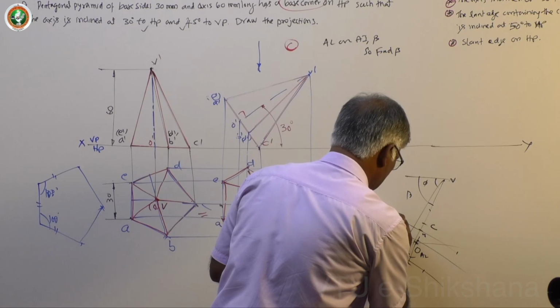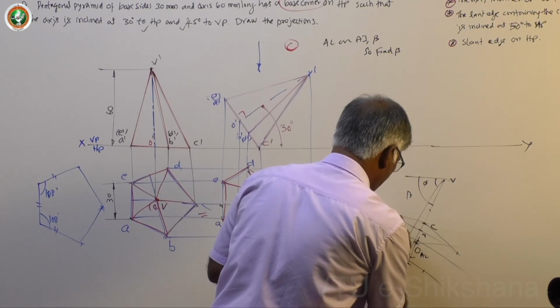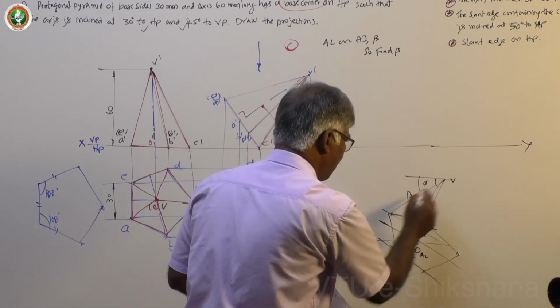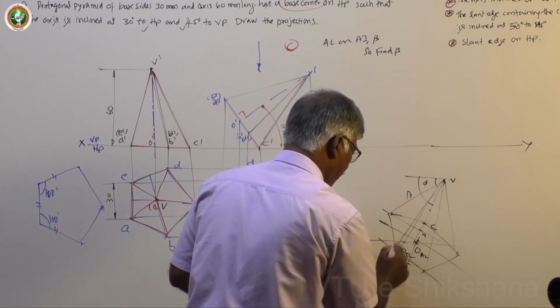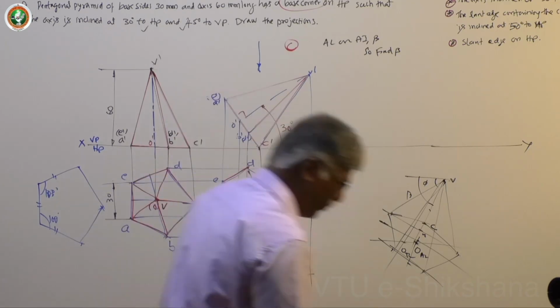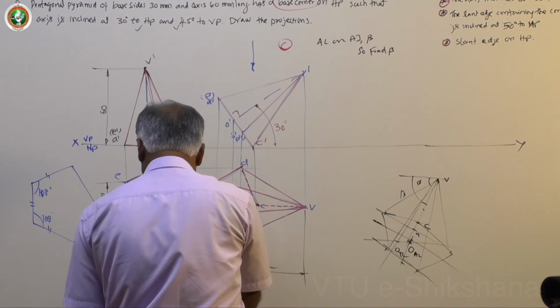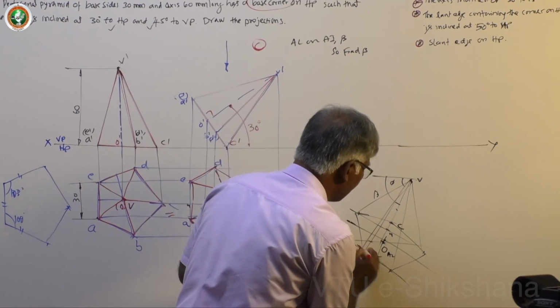Now draw light lines and join these points. Assume that I have redrawn the same figure and darkened it. Whatever is available here, let me draw.